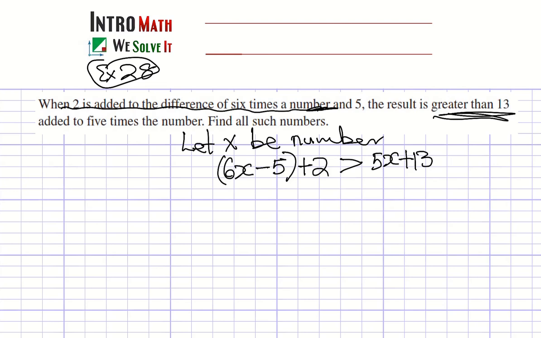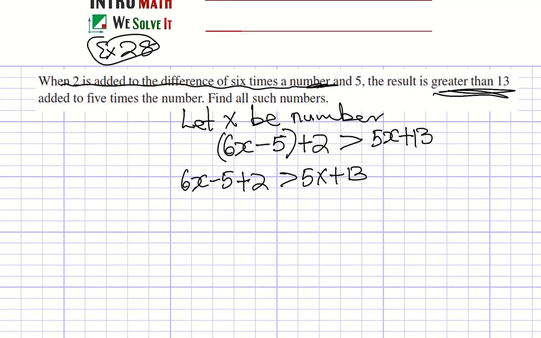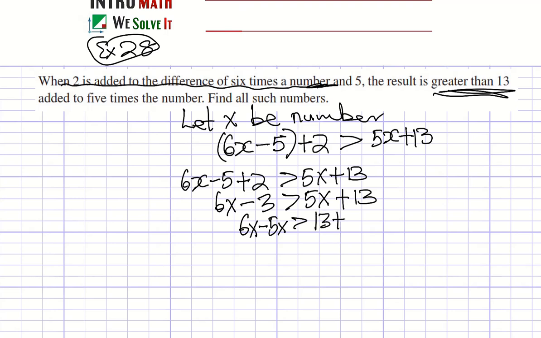So you remove the bracket: 6x minus 5 plus 2 greater than 5x plus 13, okay? You move things around. Notice that 6x minus 3 greater than 5x plus 13. You move things around, you have 6x minus 5x greater than what? 13 plus 3.